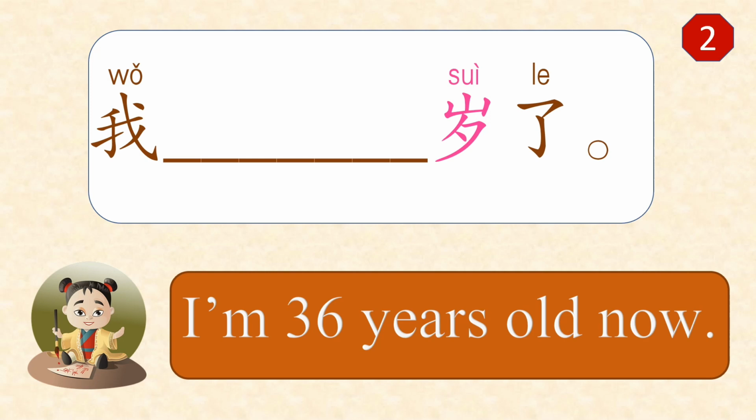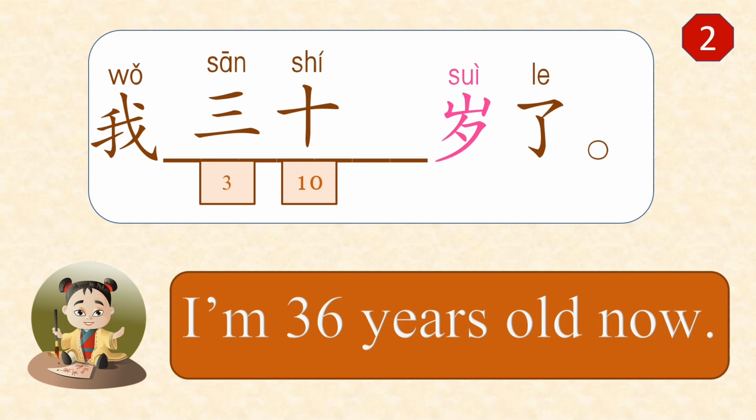Give you some time to come up with the answer. 36, so you should start with 30 first. 30 is number 3 plus 10. 30 plus 6. 6 is 6, so 36. 我36岁了. I'm 36 years old now.